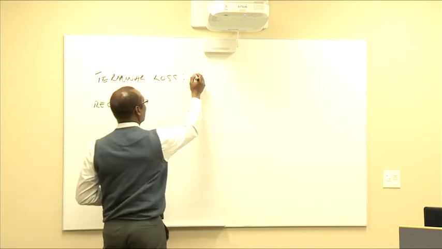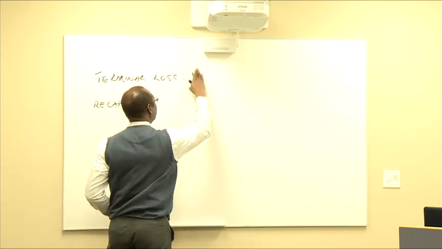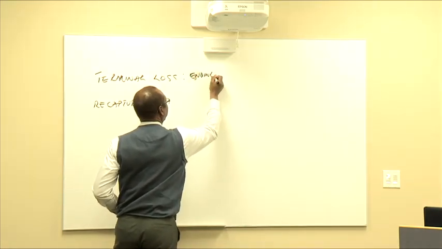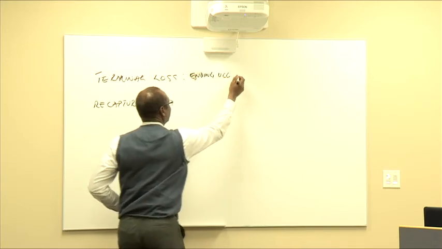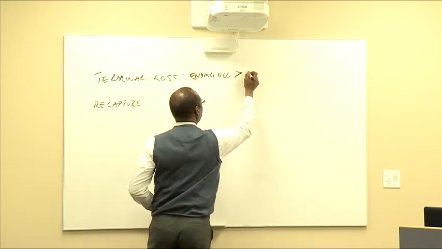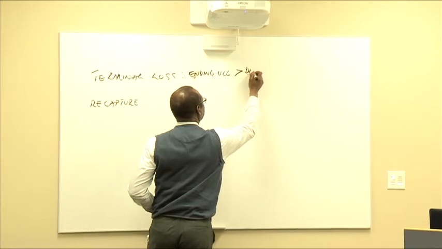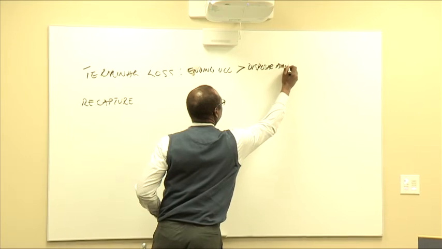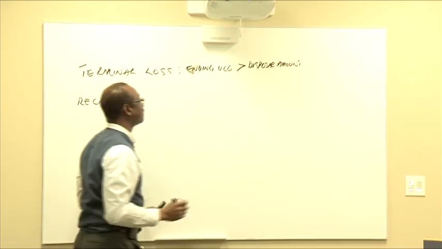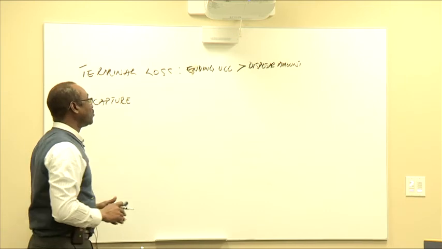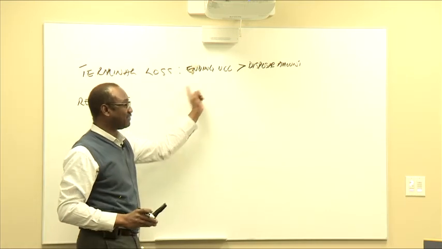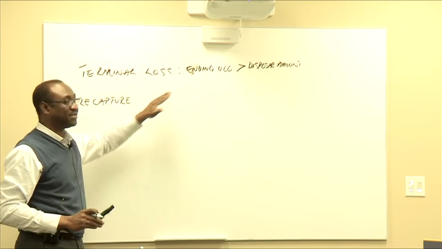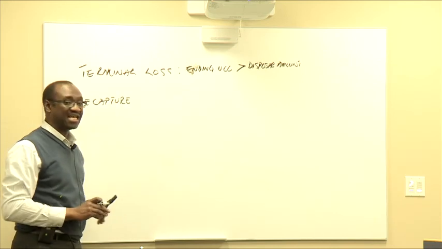So here we say ending UCC is greater than the disposal amount. In essence, it gives a kind of loss.